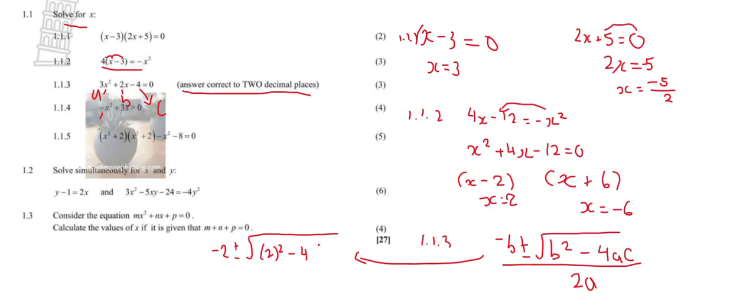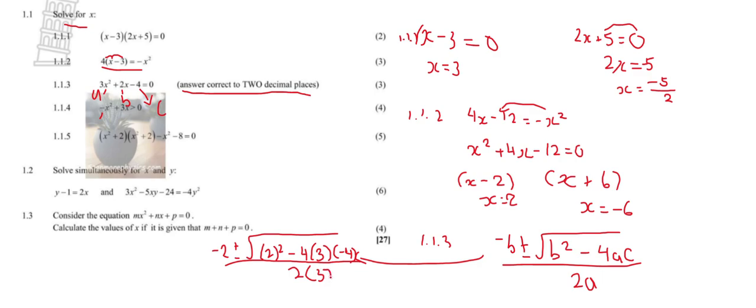What's our a? Our a is 3. What's our c? Our c is negative 4, all over 2a, and our a is 3.